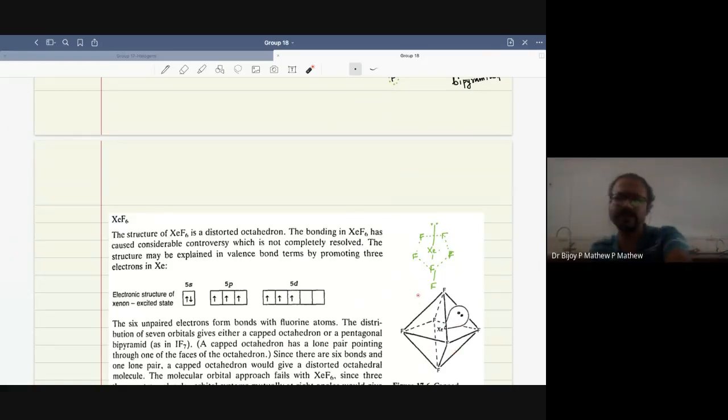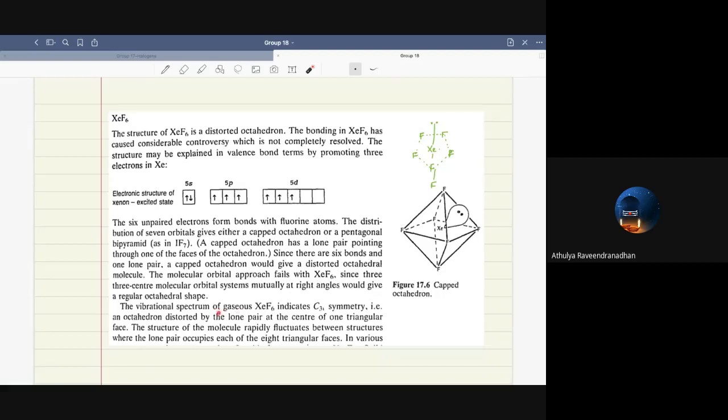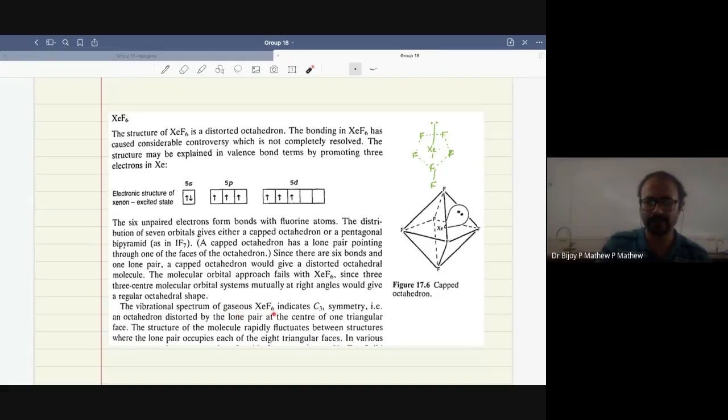Now we always have a debate about what is the actual structure of XeF6, but when we did vibrational spectroscopy, we found that their symmetry is... Have you studied symmetry?